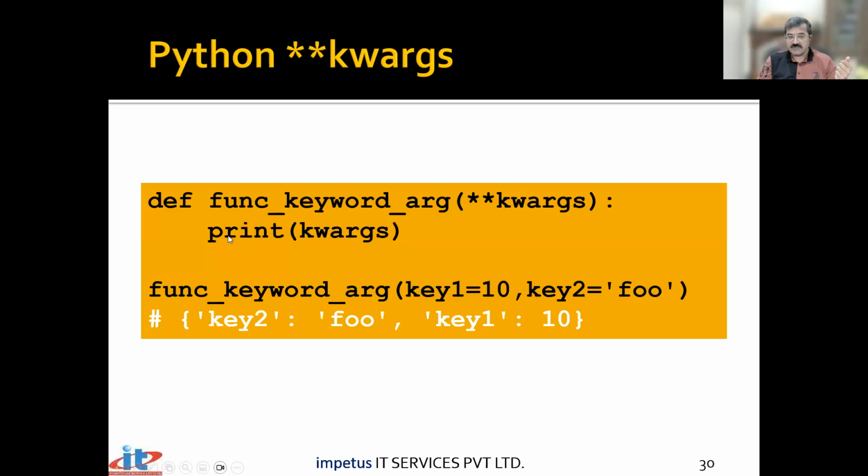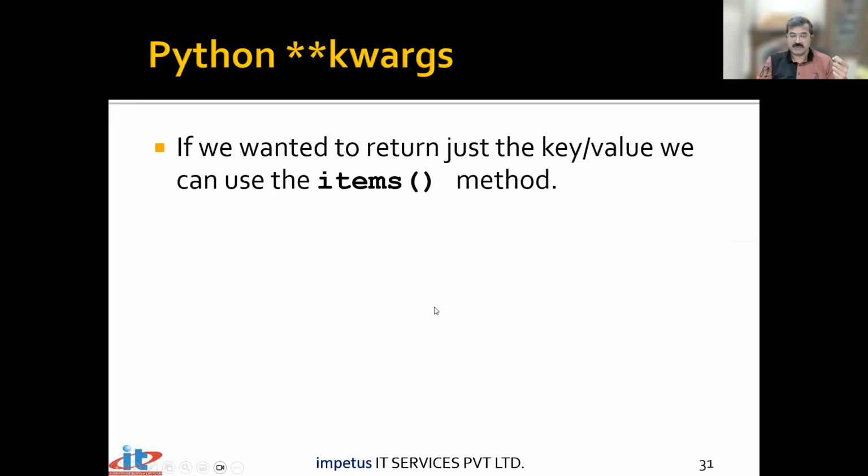So if I define such a function, say def function(**kwargs), and I'm going to print them. While giving a call, suppose I say key1=10, key2=4, these key1, key2 will now become the keyword arguments, the items of the dictionary. So when I print this, it will print as a dictionary where key2 is the key and 4 is the value, key1 is the key and 10 is the value. Order doesn't matter, but that's how it will be received.